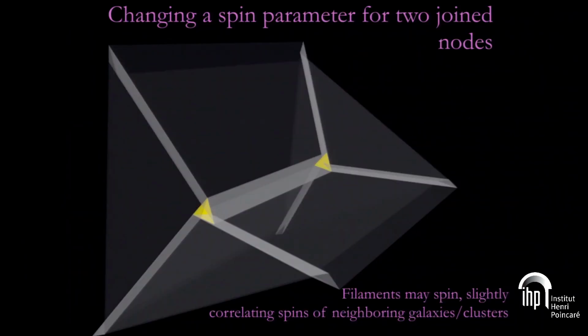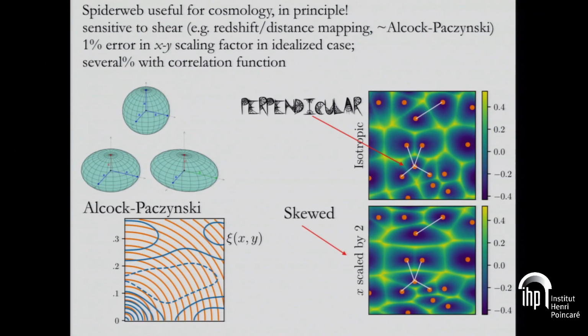And okay, just very briefly, something about the cosmological use of this. This will be the last thing I say. So I mentioned that these things were perpendicular to each other. These things being the Voronoi tessellation, which is the set of filaments and walls in the universe.